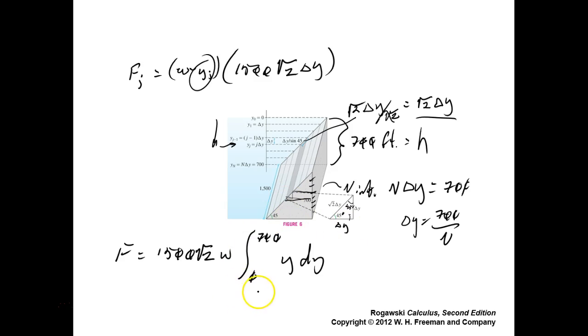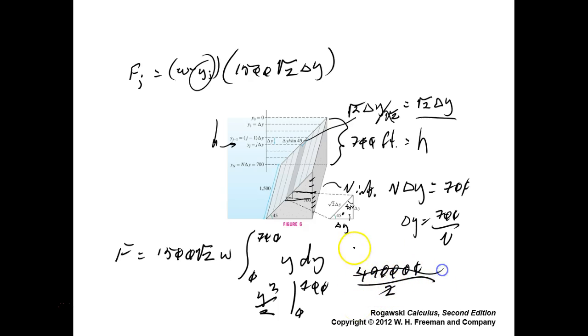So what that gives you is, when you do the integration, that's a pretty simple integration. Y squared over 2, evaluated from 0 to 700. Oops. All right. Well, 700 squared is 49,000 over 2. Okay.